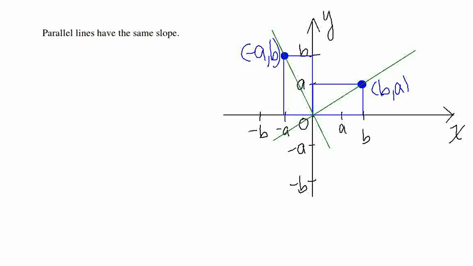So those two green lines are perpendicular. Now let's calculate the slopes of those lines. They both go through the origin.